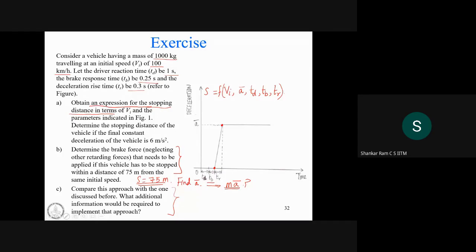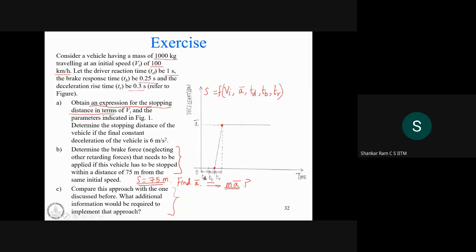Find out what are the differences and similarities in the two methods, and then comment on it. As far as the problem is concerned, give a broad comparison between the two.